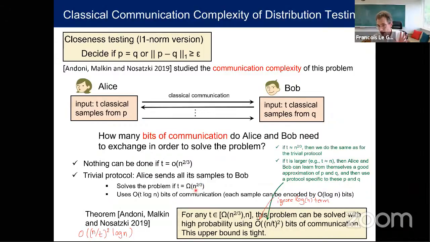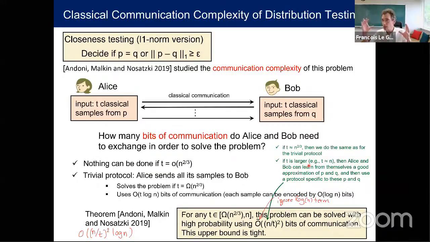And this is because when we have a lot of samples, Alice and Bob can locally learn a good approximation of P and Q and use this good approximation, instead of the original distribution, in order to check whether the original distributions are equal or far apart, using a lot of standard techniques, linear sketching of distributions and so on.